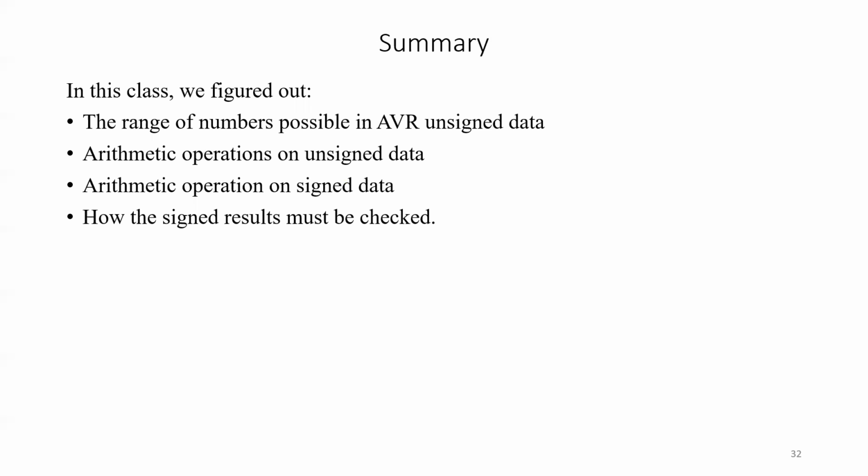For signed data, we discussed how to deal with signed data in addition, and the same applies to subtraction, and how the signed result must be checked by means of flags V, N, and S. We said that the solution is in S to figure out if your number is positive or negative. So this was our class today.